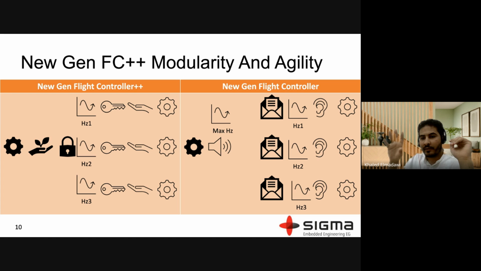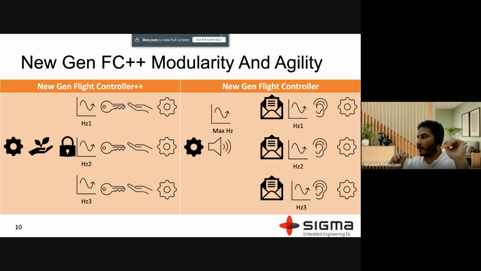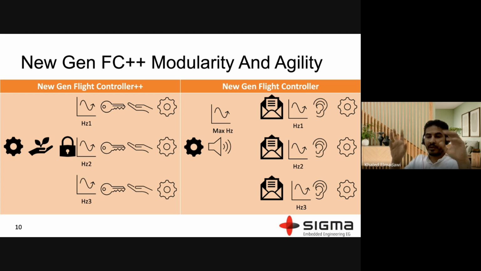Another process is the control loops, which use certain rotation states to control the rotation of the vehicle itself.